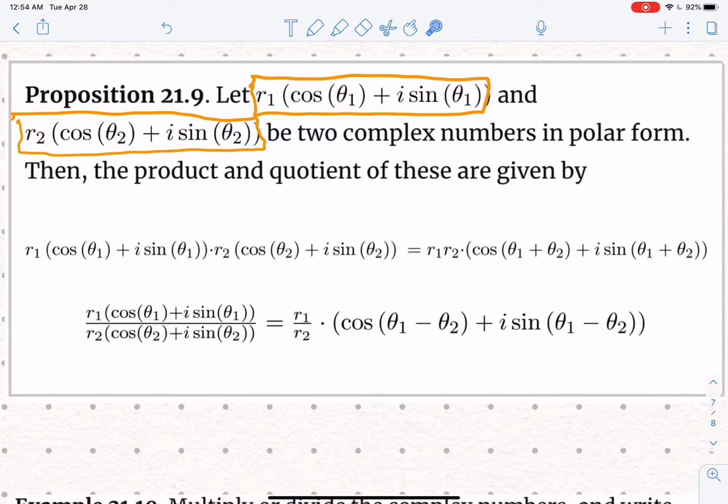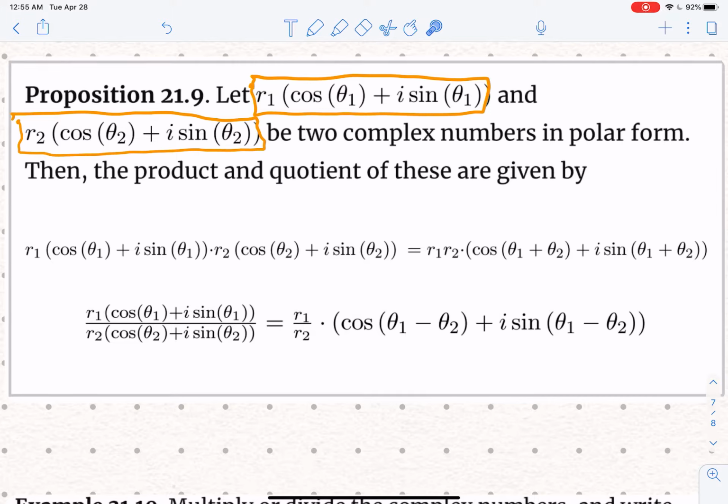It is going to have a modulus, and that modulus, that number out in front, is obtained by multiplying r1 times r2 together. And then inside it's going to have cosine of an angle plus i times sine of the angle, and that angle, the argument, is obtained by adding up the two angles, theta 1 and theta 2, from our two numbers. So this says to multiply two complex numbers in polar form, simply multiply the moduli, add the arguments.